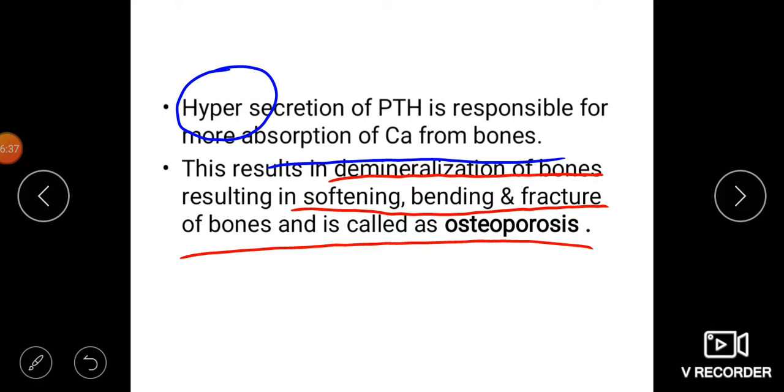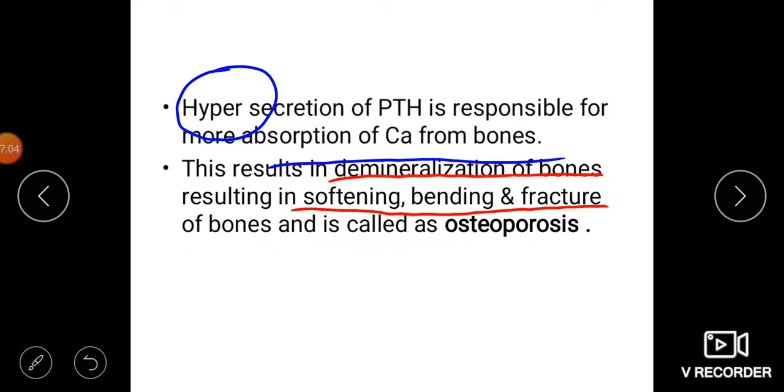The phenomenon is called what? Osteoporosis. Osteoporosis is demineralization of the bones. Why are the bones demineralized? Because more calcium is required in the blood. Why is more calcium required? Because there is an increased amount of PTH in the blood. What are the effects of osteoporosis?